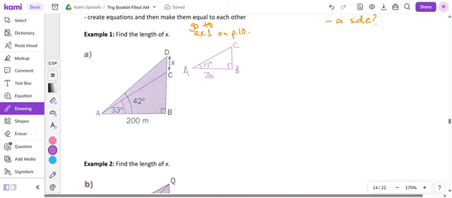Both of them share 200 meters. Okay, then I've got my bigger triangle. That's A, B, D. That's 200 meters. Now the acute angle is 42 degrees.